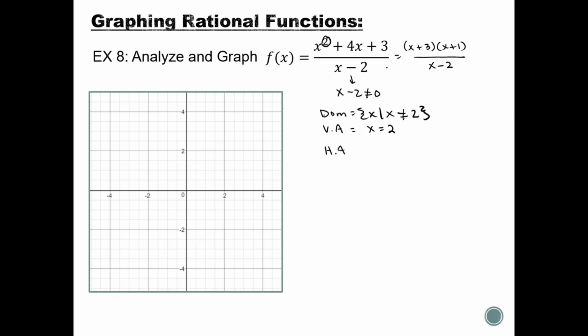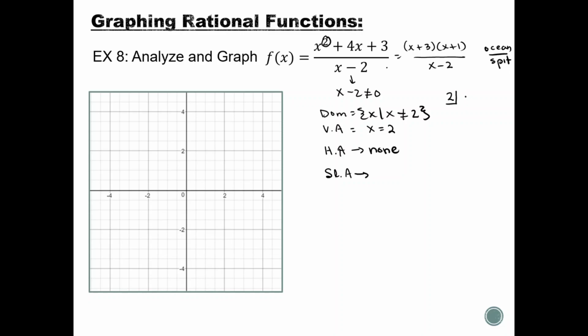Horizontal asymptote, there is none, because I have big over small. Okay, the x squared is on top, so I have none. Okay, my slanted asymptote is going to come from doing that division.